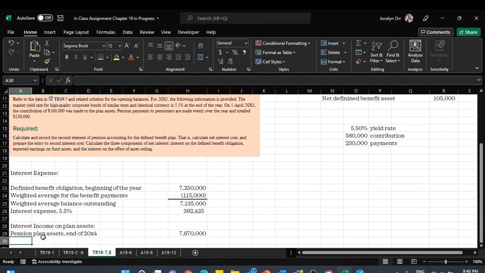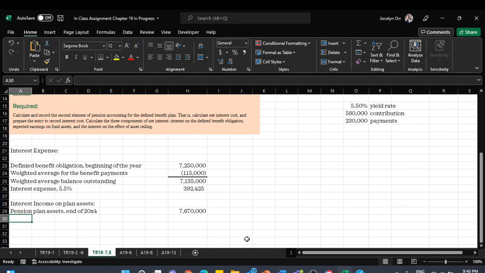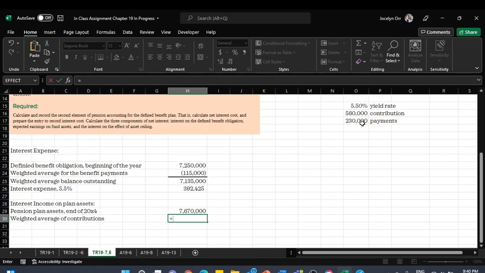And again, we need to look at weighted averages here. So instead of looking at the weighted average of our payments, here we are looking at the weighted average of contributions. So our contributions were $560,000. Again, we're going to multiply by the portion of the year that it relates to.